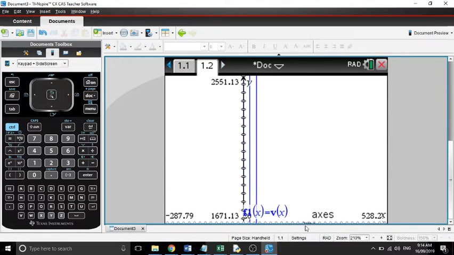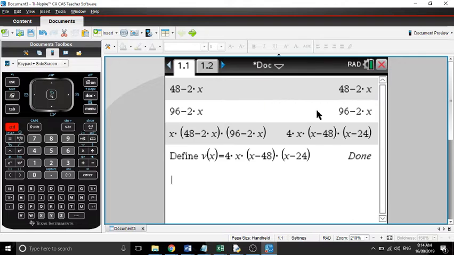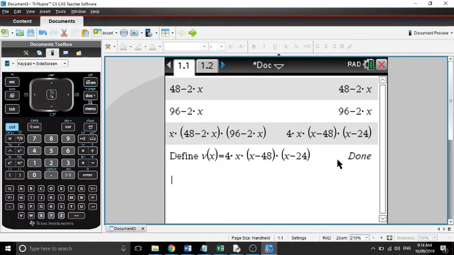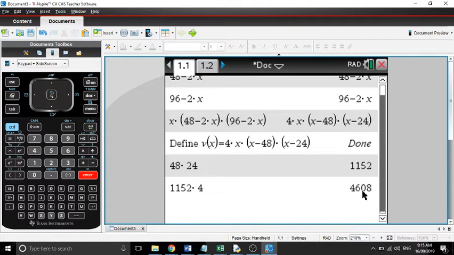Have I entered that incorrectly? We're going to have values of 48 times 24, which are massive, and then I'm going to multiply that by 4 as well, so I'm into the thousands. So I've got to change my window.